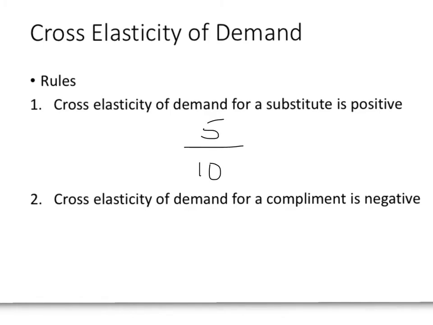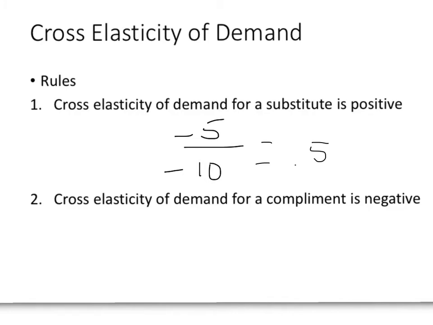So what we have is percent change in quantity demanded of 5 over the percent change in price of the substitute, which is a 10% change, right? And they're both negative, right? Because we know that we're going to see a negative 5% change in quantity demanded with a negative 10% change in the price of the substitute, giving us 0.5, right, as a positive number, because a negative over a negative equals a positive.